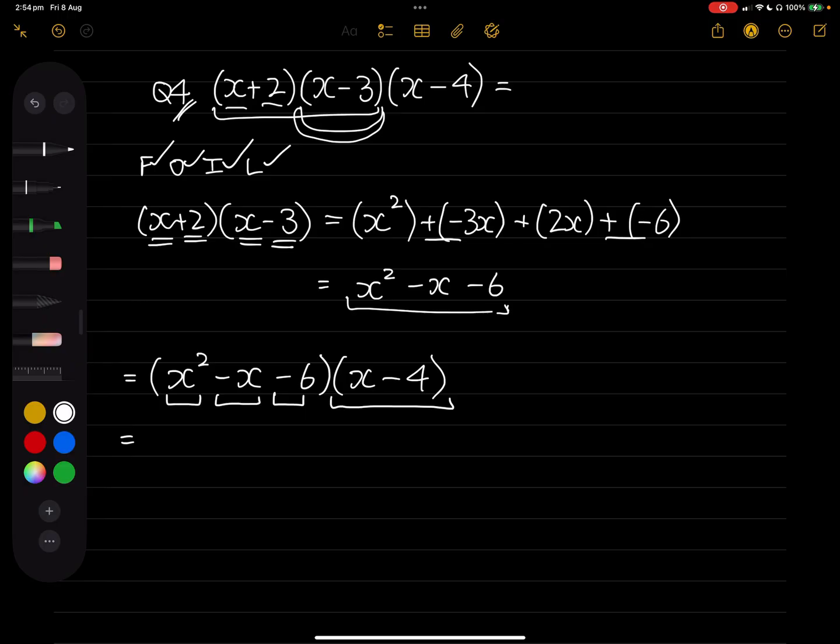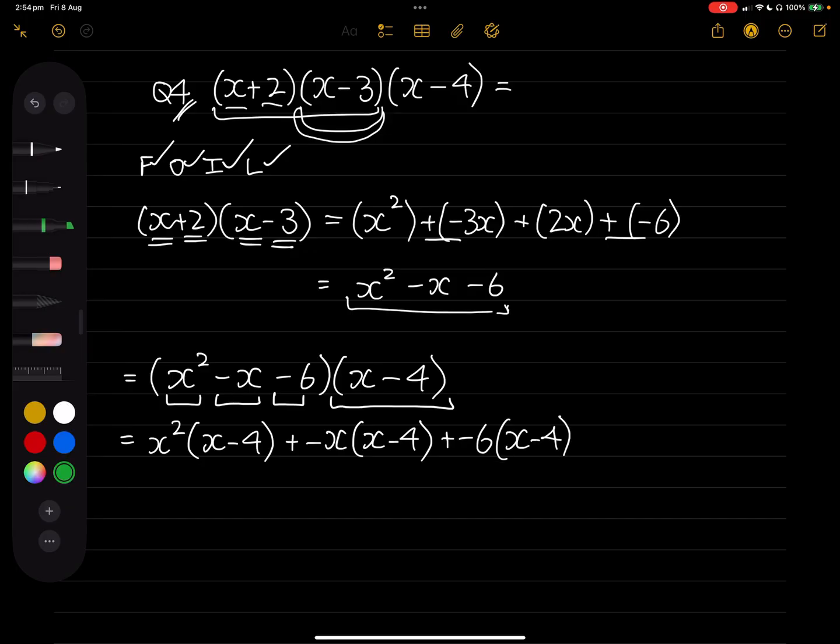So this happens to be equal to x squared times x minus 4 plus minus x times x minus 4 plus minus 6 times x minus 4. And we'll just color code this very briefly. We have the x squared here. We have the minus x here. We have the minus 6 here.